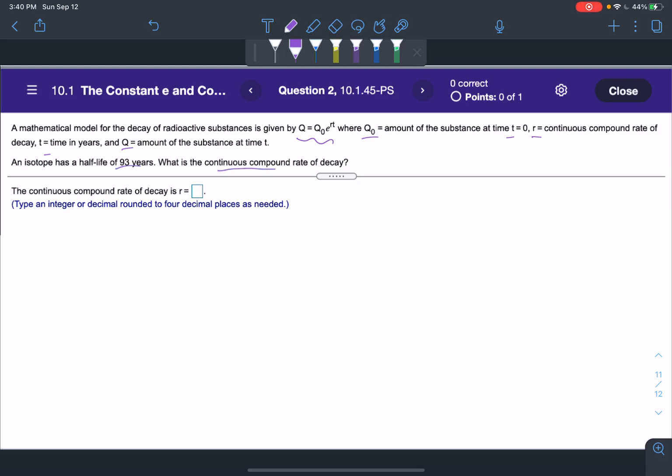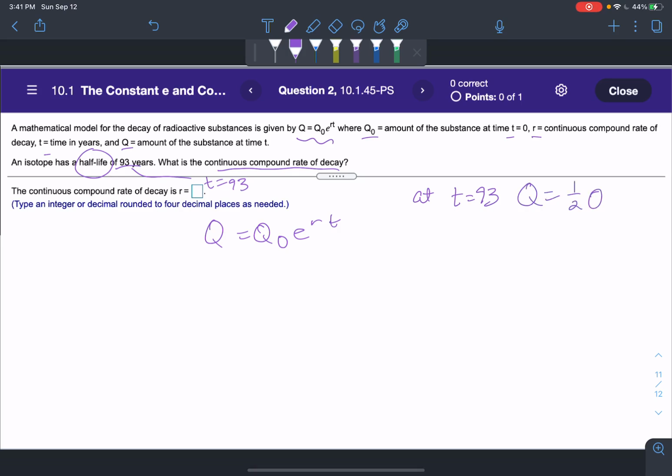So if we use our Q equals Q naught e^(rt), we know that our time is 93, and we know that it's a half-life. So half-life means at time 93, the amount will be 1/2 of what I started with, Q naught.